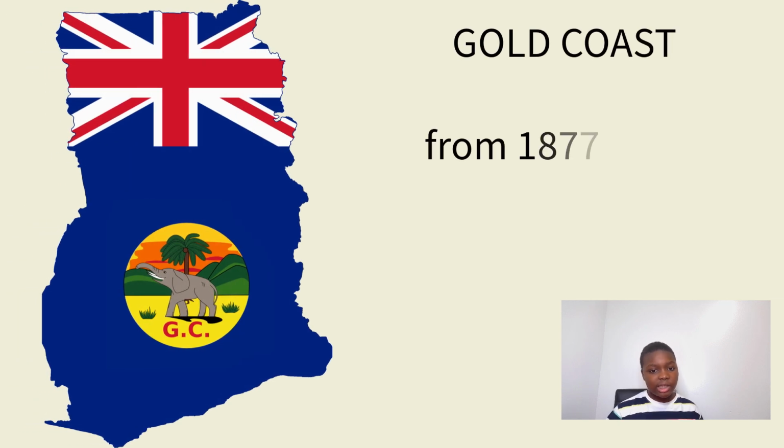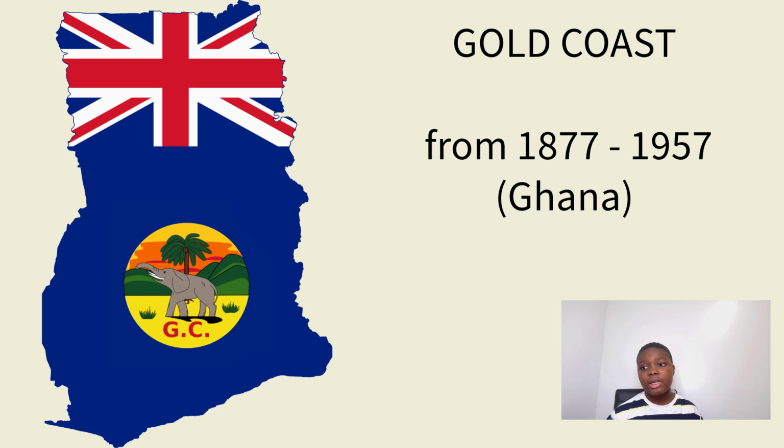Next one is the Republic of Ghana. I didn't write it there, but I just want to say that Ghana used to be called Gold Coast. Gold Coast was a colony of the British. That's why they still have the Union Jack, just like the British Raj. Gold Coast lasted from 1877 to 1957, invading the Akan.